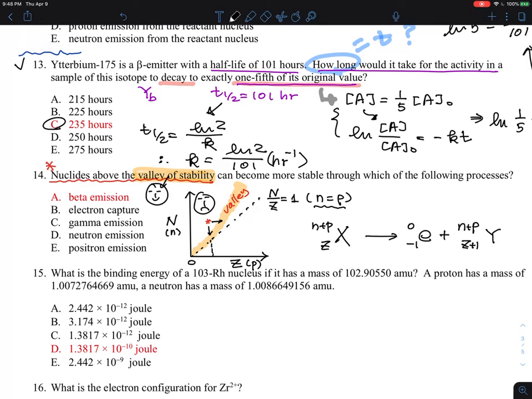That's a different atom, but you are closer to the valley of stability because your proton number goes up, following this path that I just highlighted. So by this beta emission, A will be the answer.